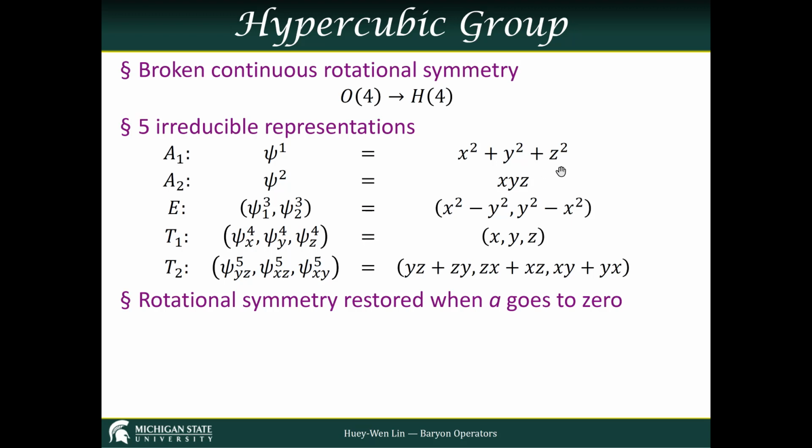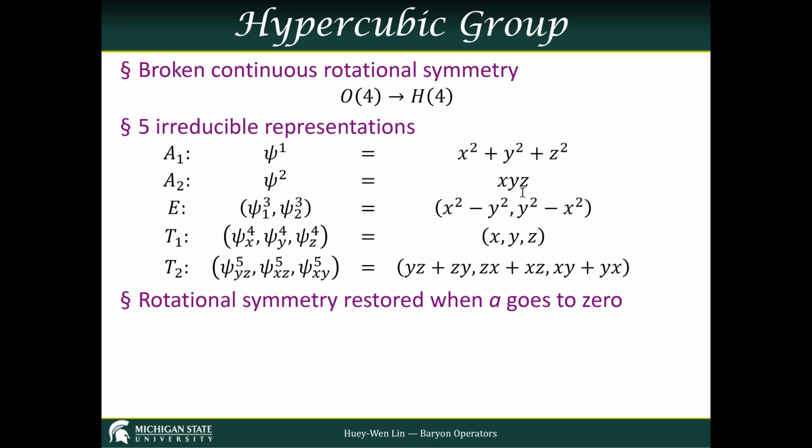So here's the equation for a sphere, which we all know, x squared plus y squared plus z squared. If we attempt to rotate this in our hypercubic group, we'll find that it's always the same. No matter what rotation we do, because it's spherically symmetric, we always get back exactly the same thing. We call this irreducible representation A1. It has only one element to it. That's all there is to it.